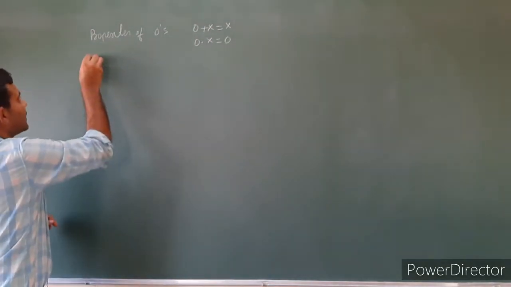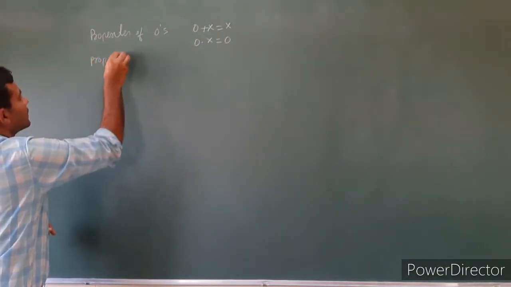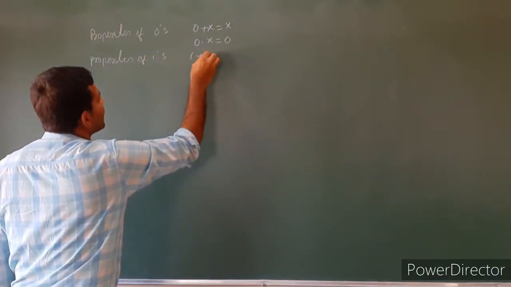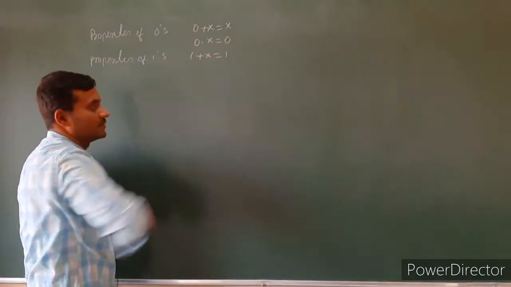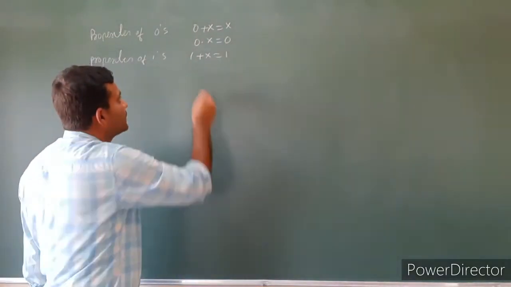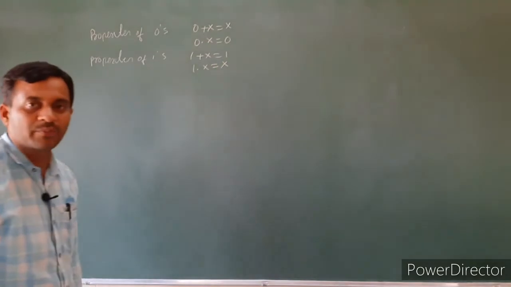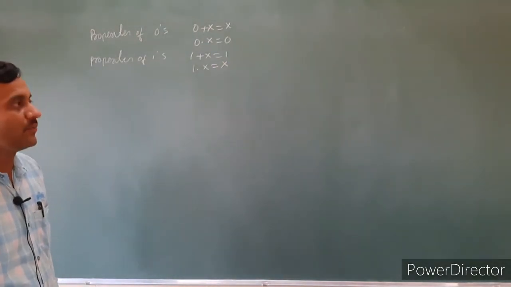Then properties of 1s, that is 1 plus x which is equal to 1, then 1 into x which is equal to x, that is the properties of 0s and 1s.